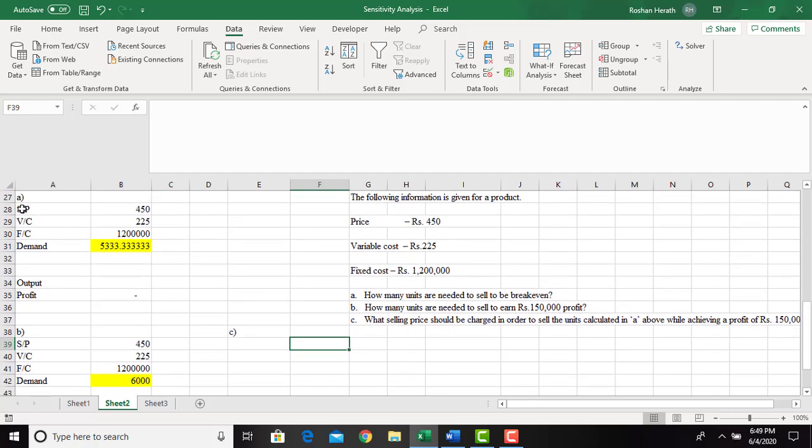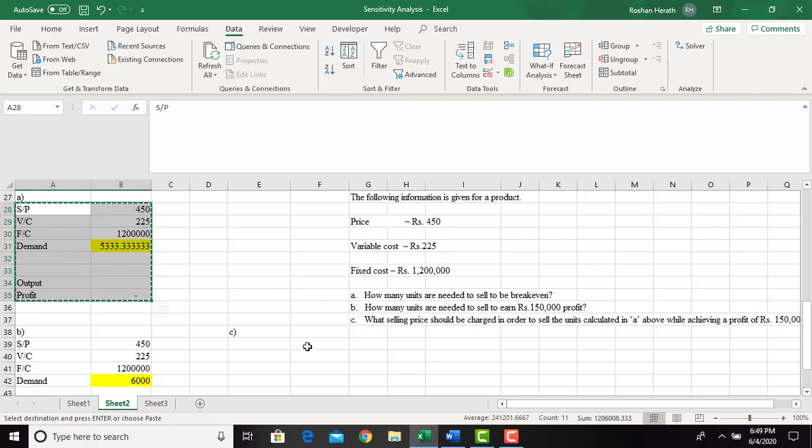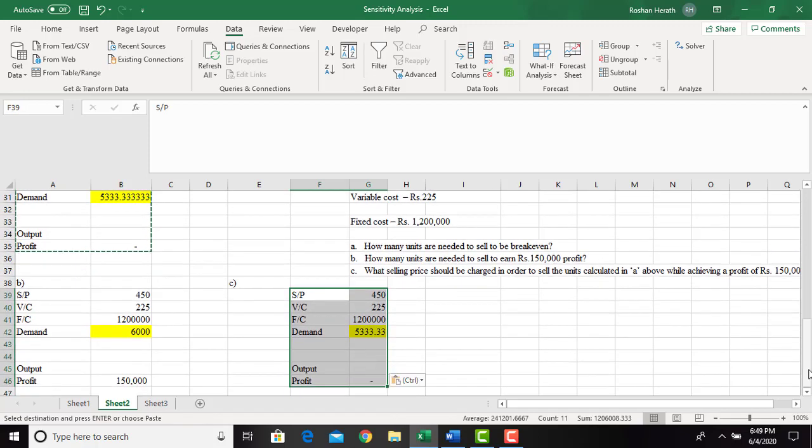So let us take the basic information first. Having taken that, you want to make sure that you keep the same units, but you want to make the profit 150,000 by changing the selling price. So it is no problem. You can do that, no?